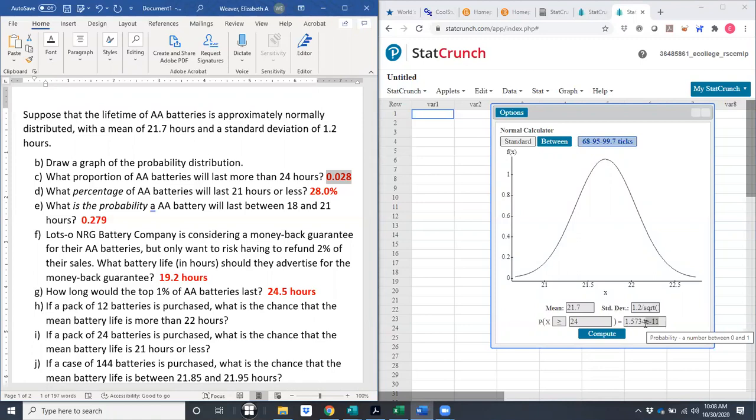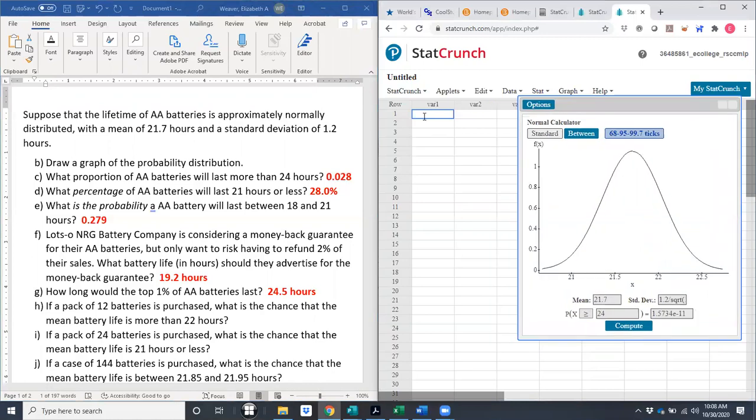So that's an extremely small number. If I wanted to write it out up here, let me see if I can. So 0.1, 2, 3, 4, 5, 6, 7, 8, 9, 10 zeros. So I can't even fit it in. There we go. That's that probability.